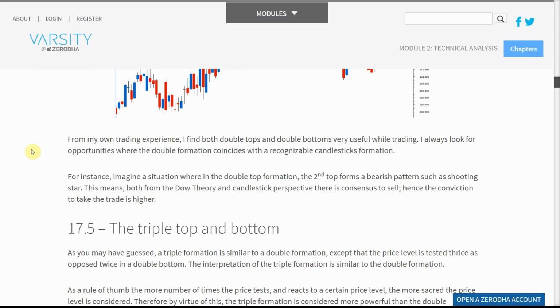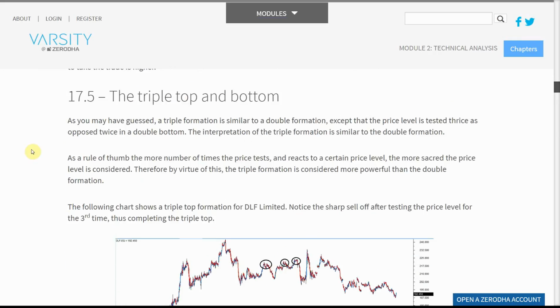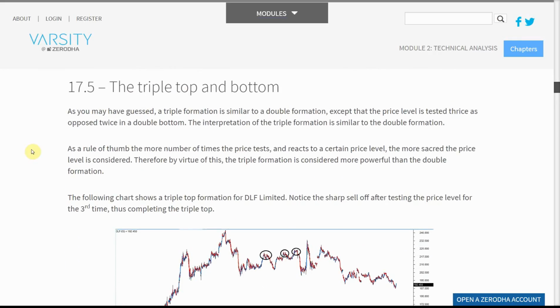17.5 The triple top and bottom. As you may have guessed, a triple formation is similar to a double formation, except that the price level is tested thrice as opposed to twice in a double bottom. The interpretation of the triple formation is similar to the double formation. As a rule of thumb, the more number of times the price tests and reacts to a certain price level, the more sacred the price level is considered.